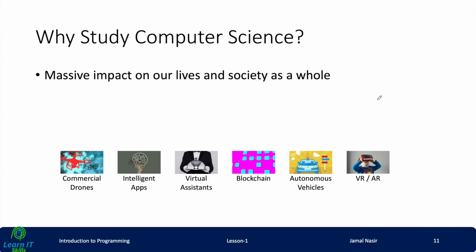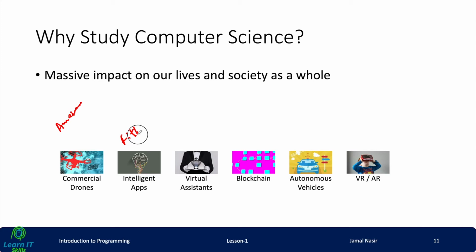We can see a lot of applications of computer science, like commercial drones. Amazon is using this sort of technology, or even Uber is using this, right? In terms of intelligent apps, we have Fitbit, right?